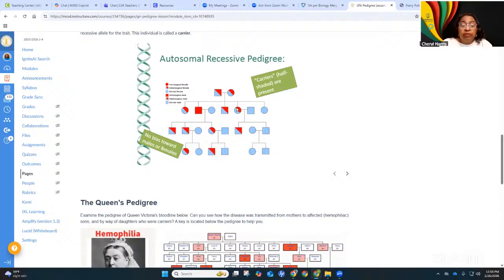All right, so it's like here, they gave you shaded ones. Carriers are usually represented by, like, these squares have shaded, the mother has a shaded. So this one, the parents both are carriers. That means both of them have the capability of passing it on to their offspring. All right, I'm going to back up here just a little bit.